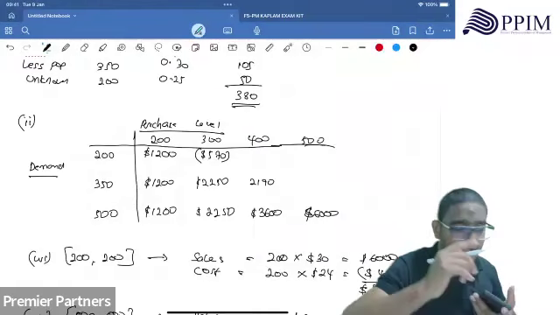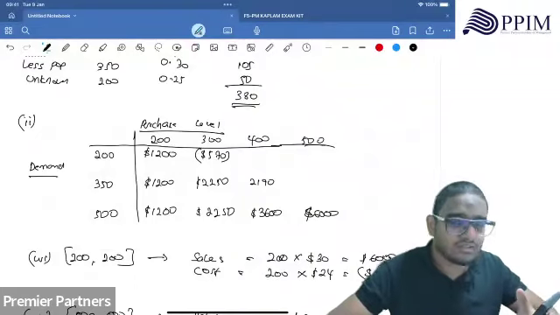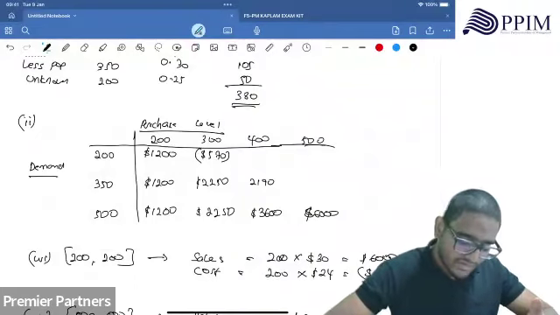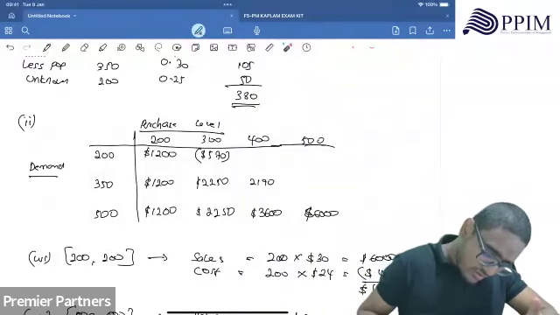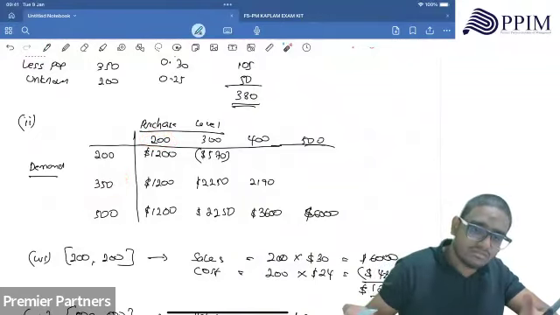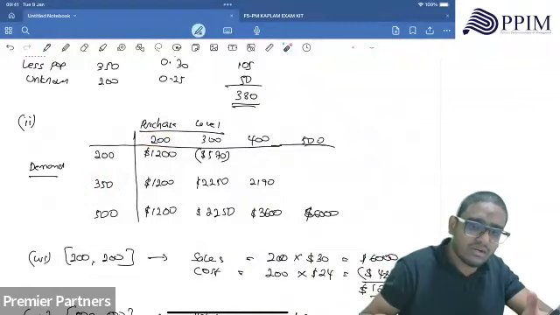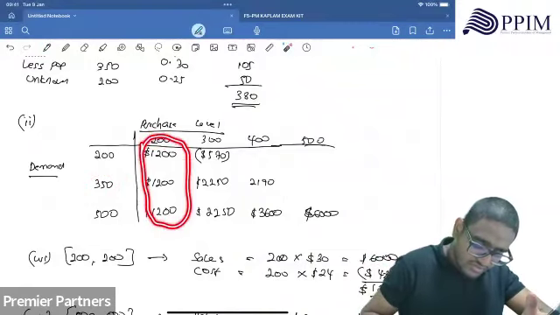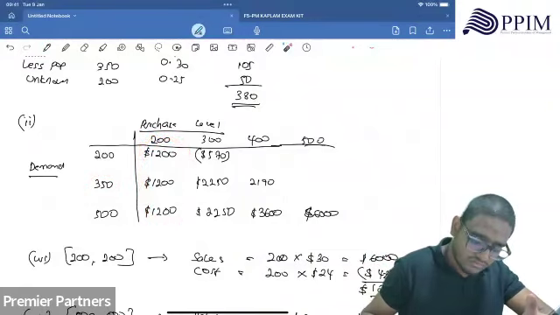Now, some of you might be wondering, how did I fill this up so fast? It's not that difficult. When you purchase 200 tickets, if your demand is 350, you still can't sell 350. The maximum you can sell is only 200 tickets. So therefore, this whole column you can just copy and paste 1,000.